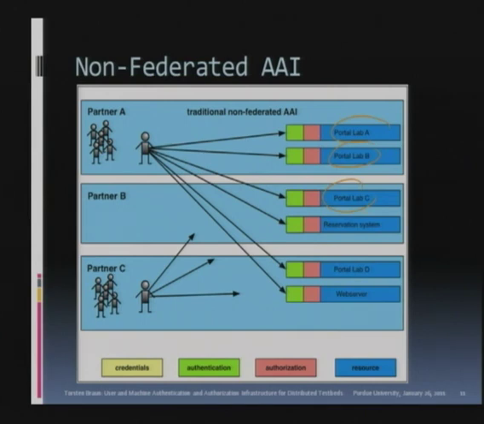And maybe the most simple thing is that we just combine authentication and authorization at these resources. That, for example, means that we could store a list of usernames and passwords. So in that case, maybe everybody of us wants to access portal lab A, for example, or the sensor network behind that portal.